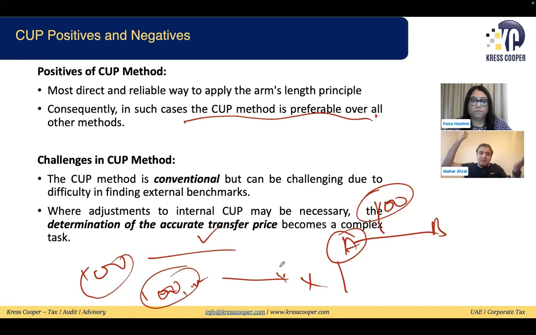They will ask 1,000 questions. If you assume thousands of companies in the database, you might find 3, 4, 5 companies for external CUP. Every other company will be wiped out because the circumstances will not be similar. So this is the most challenging part. How will you identify the external CUP if the internal CUP is not available?